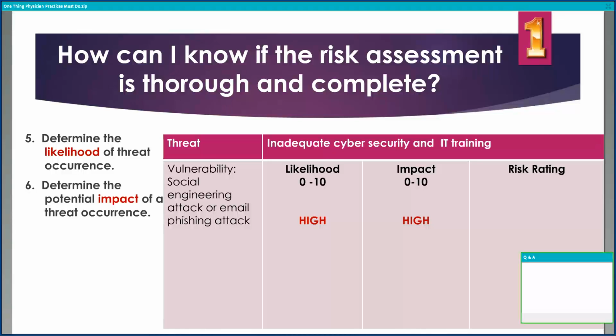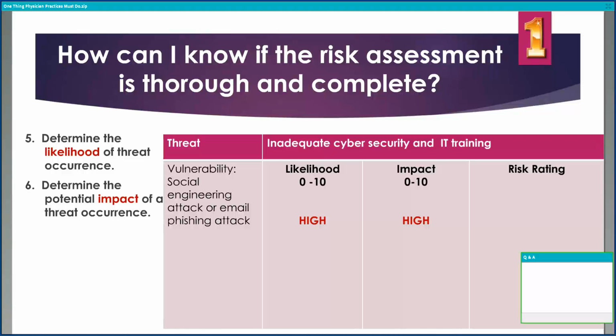So if you look at the vulnerability of a social engineering attack or email phishing attack, the likelihood of that happening within an organization is very high. And the impact is also rated as very high.